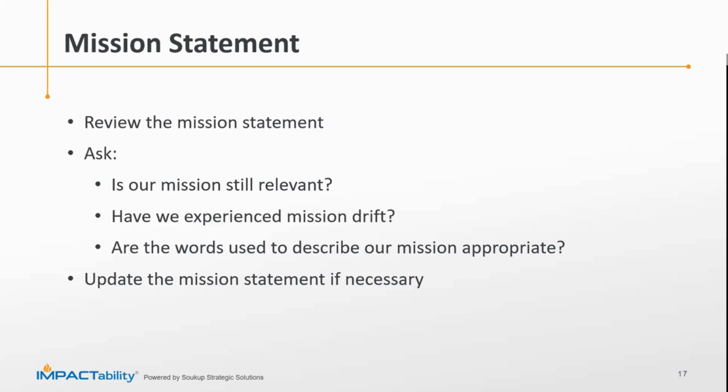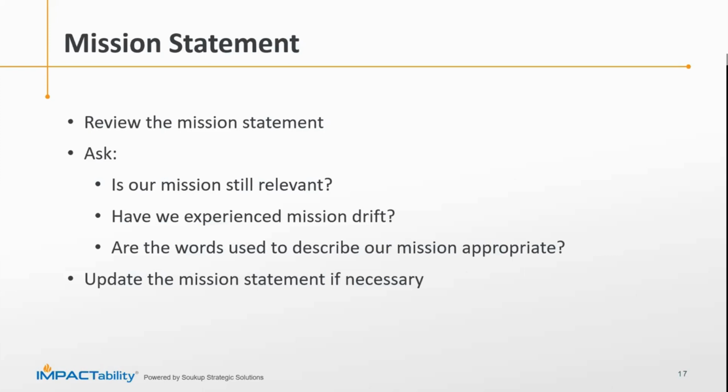We always review at the time of strategic planning whether or not the organization has their mission statement represented in different ways across different communication channels. We'll sometimes find that the way that the mission statement appears on the website is not the same as it appears on brochures, is not the same as how it appears in grant applications, just as an example.